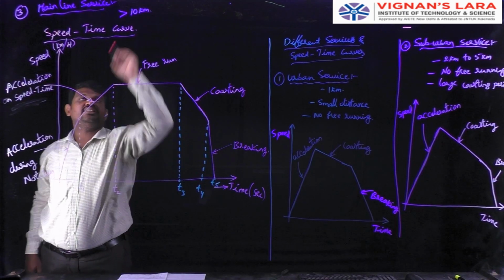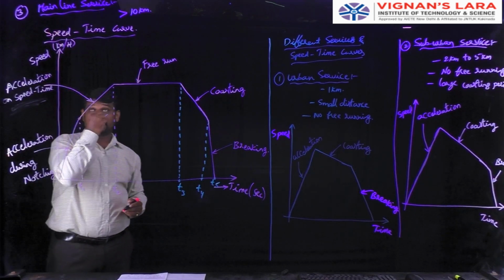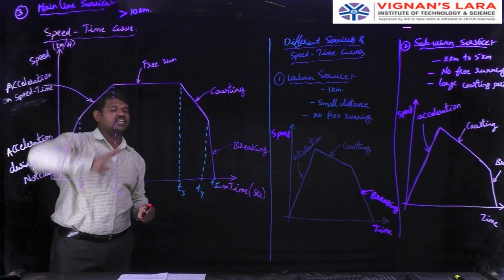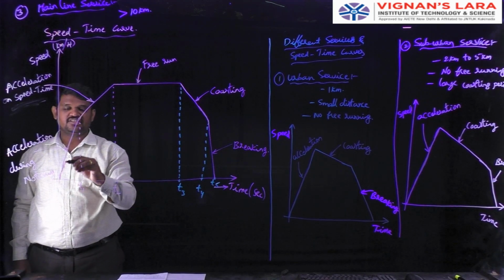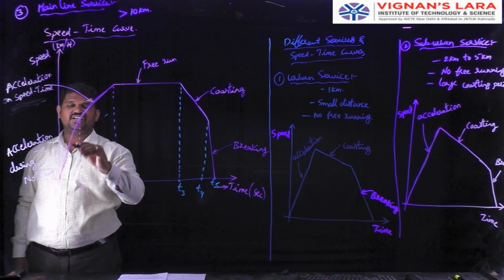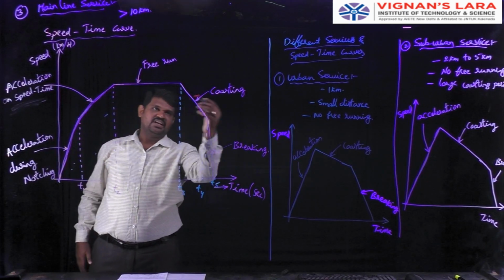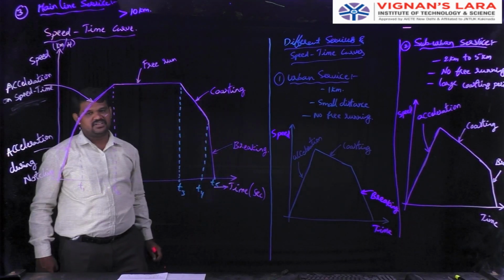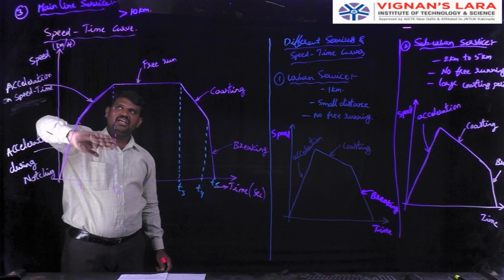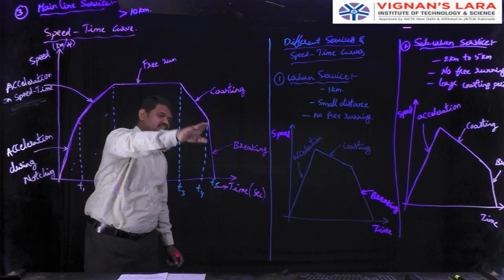Now the speed-time curve for the mainline service has the acceleration, notching acceleration, then the free running period, and it has the coasting period, and it has the braking period.